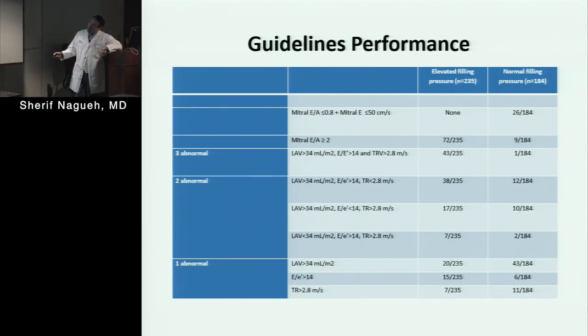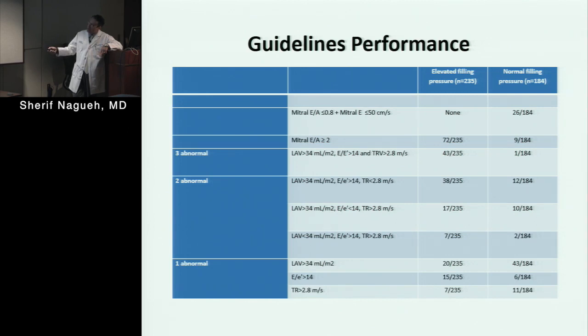So now we go to the group where we ask how many are abnormal. You remember the 3 variables we talked about? An LA volume that is enlarged, an E to E prime that is more than 14, and a peak TR that is more than 2.8. 43 of those with elevated filling pressures had all three findings.